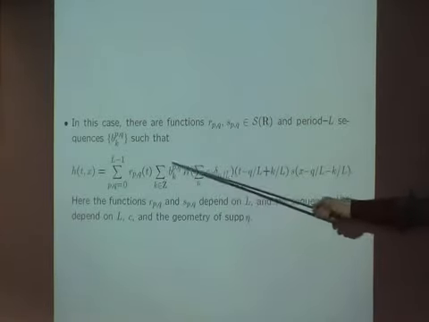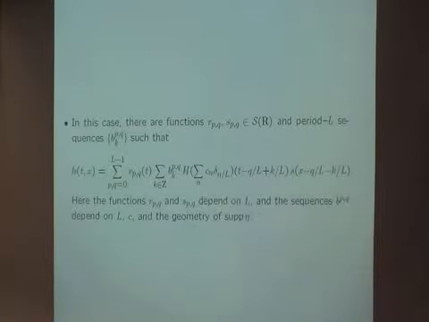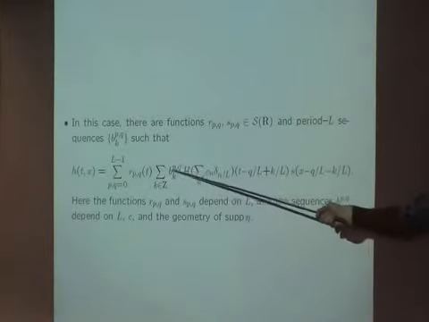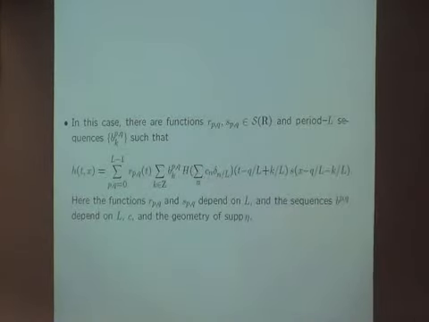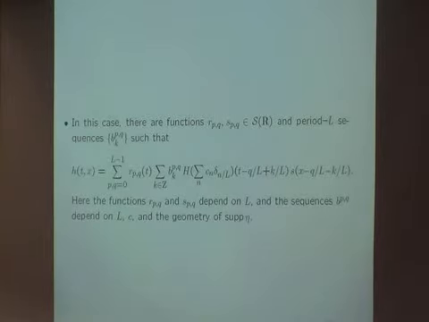These coefficients B, P, Q, K depend on PQ, on the rectangle that we're looking at. They also depend on the geometry of the support of the spreading function. So they have to do with the inverse of that Gabor matrix that showed up before.